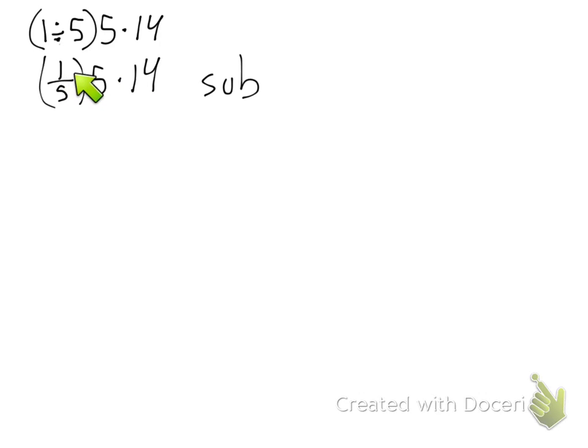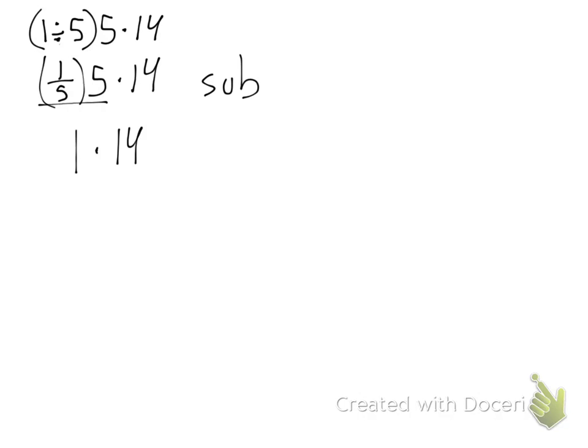But they are reciprocals. What happens when I multiply reciprocals? They will equal 1. So, these two here, 1/5 times 5 over 1, become 1. You guys agree with that?